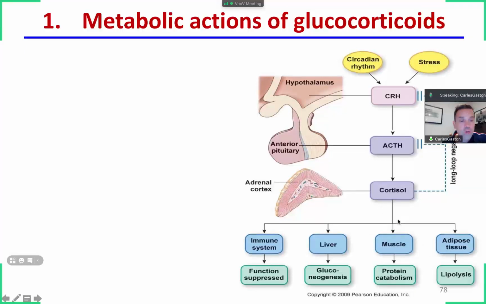And cortisol will impact the immune system, which will suppress immune function, such as, for example, severe inflammation. The liver will produce gluconeogenesis. In the muscle, protein catabolism, and in the adipose tissue, lipolysis.